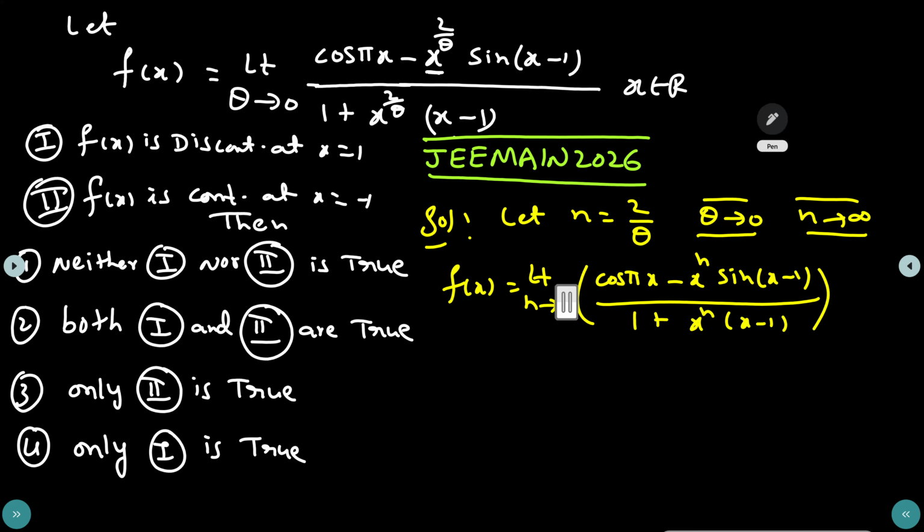Now observe here. The question totally depends on x power n. If n tends to infinity, x power n may be plus or minus related to the n value, right? Because minus x power n is there in the numerator and plus x power n is there in the denominator.